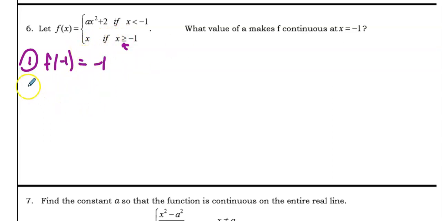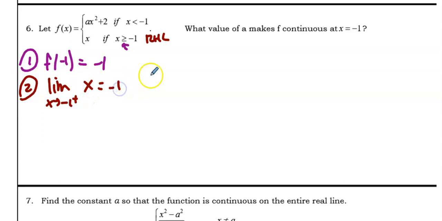So what we really care about, though, is this next step, the limit as x approaches -1. And again, because it's greater than, we're going to use a right-hand limit. You want to say that x approaches -1 from the right of x, which again would be -1.